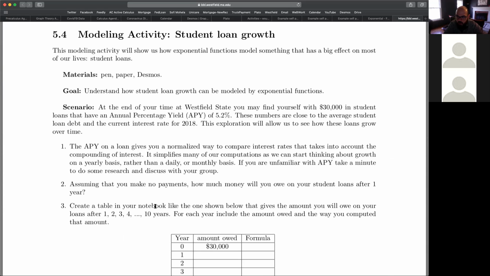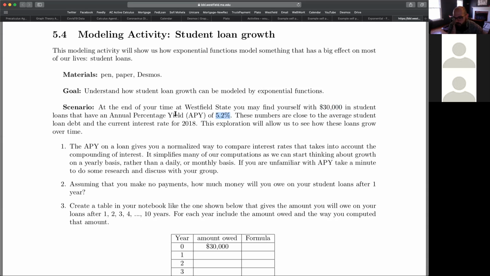I think it's valuable to realize how they grow and what the interest rates mean for that. For the last 10 minutes, let's think through this student loan growth activity. When I was putting this together a couple of years ago, these numbers, $30,000 and 5.2% APY, were the national averages.